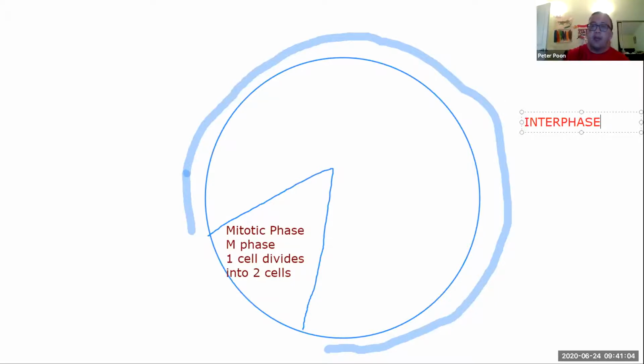Then our technology got better, our science got better. We could see a little bit more and understand a little bit more about what happened to the cell. And so the next thing we found was another phase of the cell.